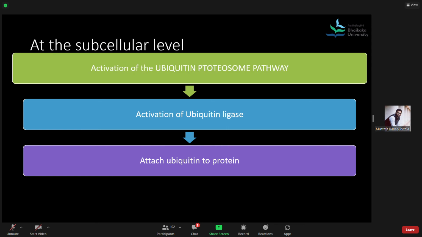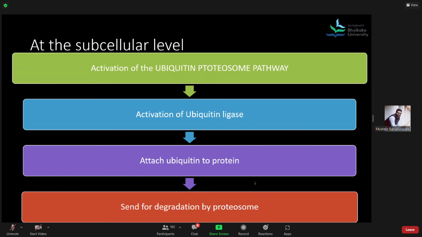for energy production, right? So this ubiquitin proteasome pathway is what causes the digestion of proteins by the proteasome, and that degradation is utilized for energy production. So this is how cells shrink in size, by autophagy and the ubiquitin proteasome pathway.